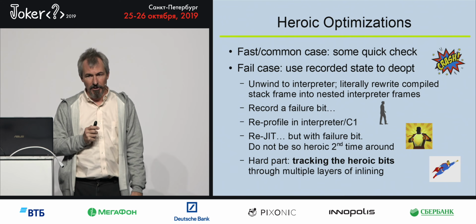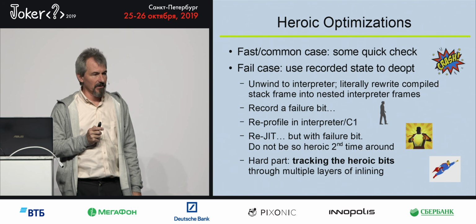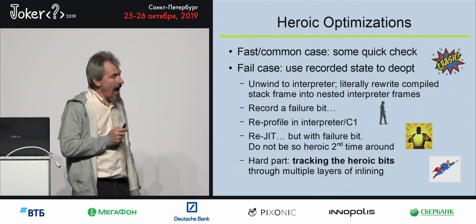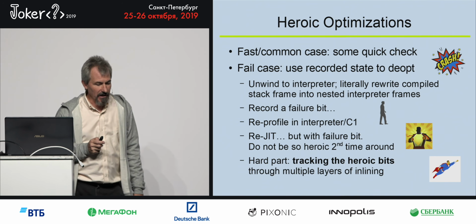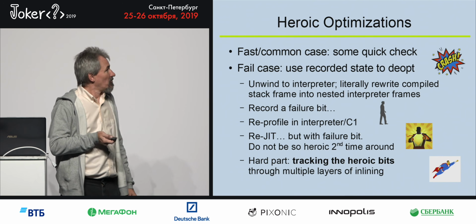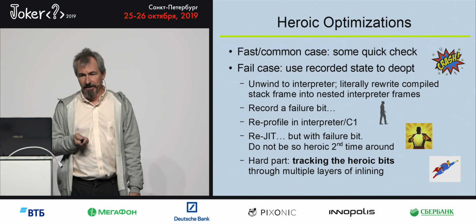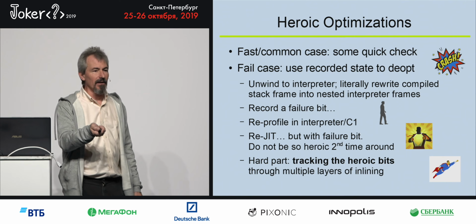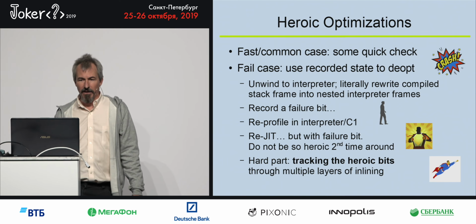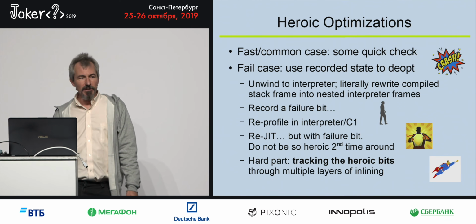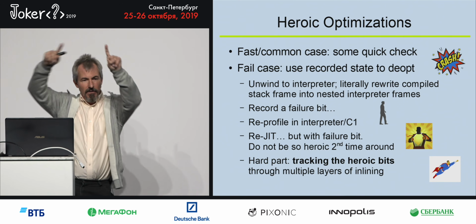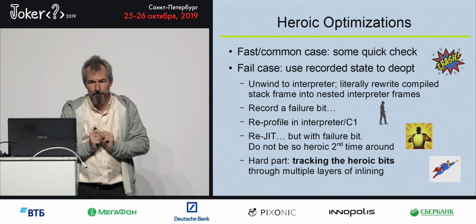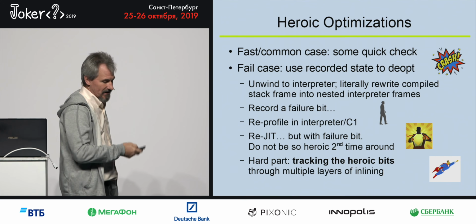Now I'm going to run on in the interpreter, but reset all my counters to let it profile again. After I've done profiling a little while, the JIT will trigger again. The JIT comes in and rejits, but not being quite so heroic the second time around. It has to test that bit and say, this one might fail. It's failed before, so let's go ahead and put in the code. Like the zipper where I bailed off to the interpreter, now I'll put both arms of the zipper in.